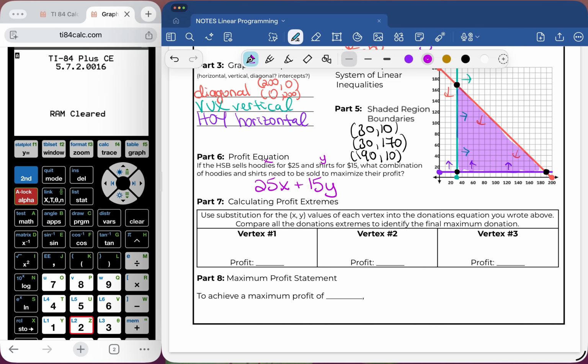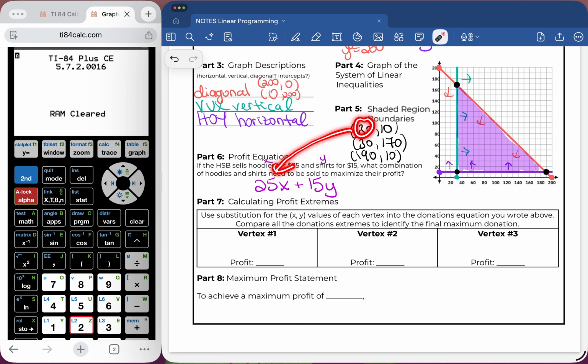So we call those profit extremes, those very ends, those vertices. And all we're going to do is use substitution. We're going to take each of those ordered pairs and plug it in and see what the profit would be for each one of those. And then that's going to help us determine the final maximum that we're actually going to want.